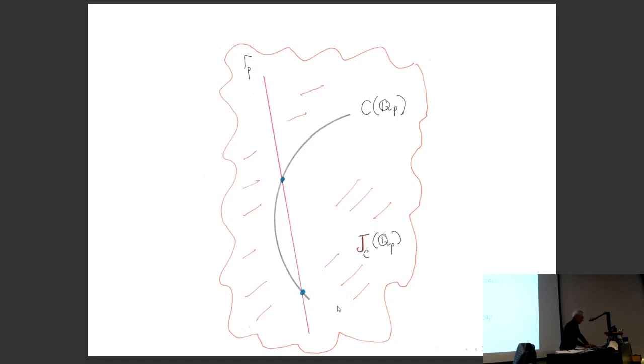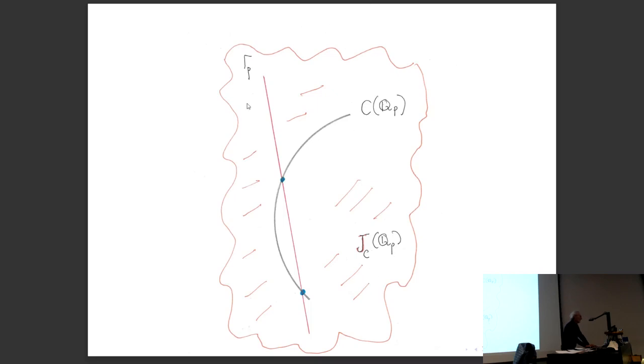You have the curve. This is the ambient Jacobian JC of Qp, this wiggly space here. And in it, you have the curve, well, the p-adic points of the curve in it, sitting as a nice one-dimensional Qp analytic piece of this p-adic analytic group.